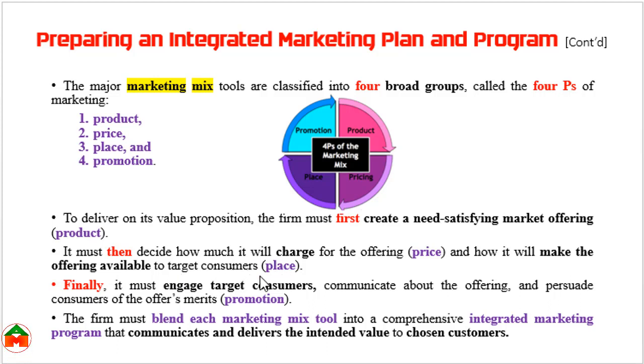That means the company should decide about the place. Finally, the company must engage target consumers, communicate about the offerings, and persuade consumers of the offer's merits. The marketing manager should adopt promotion policies. First, the company should adopt the product policy, after that pricing, then placing, and finally promotion.